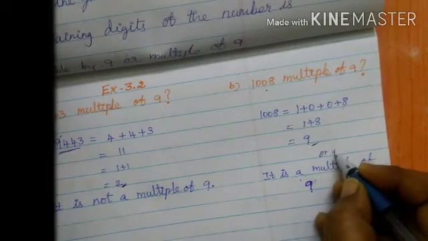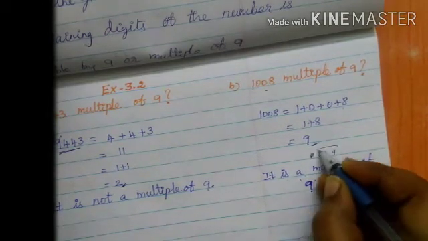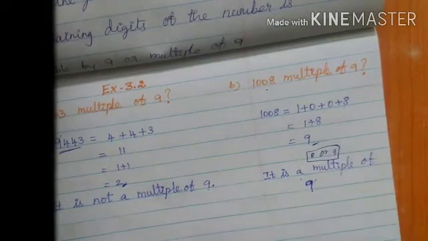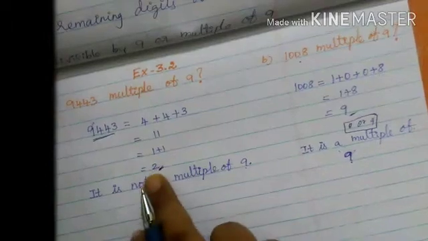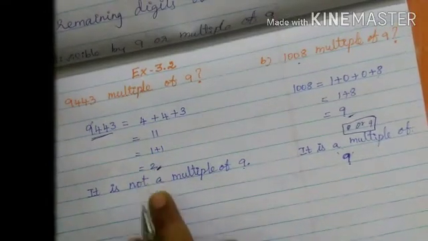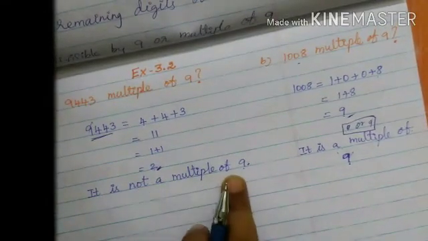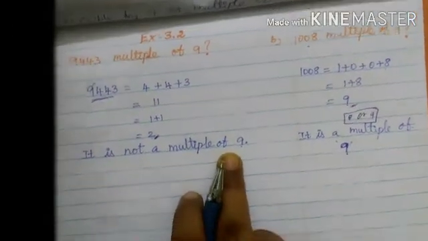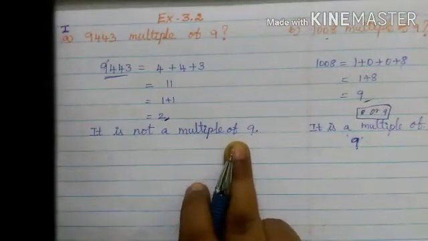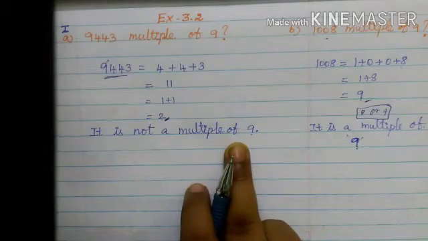If you get 0 or 9, that is a multiple of 9. But if another number comes, like this one, 2, then it is not a multiple of 9. Okay, do you understand now? Shall I move to the next sum, children?